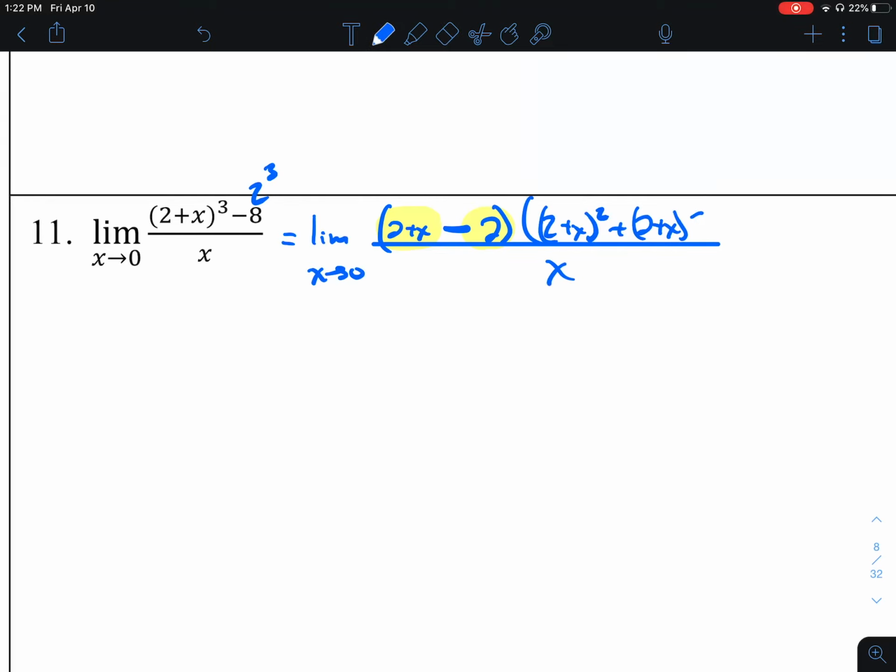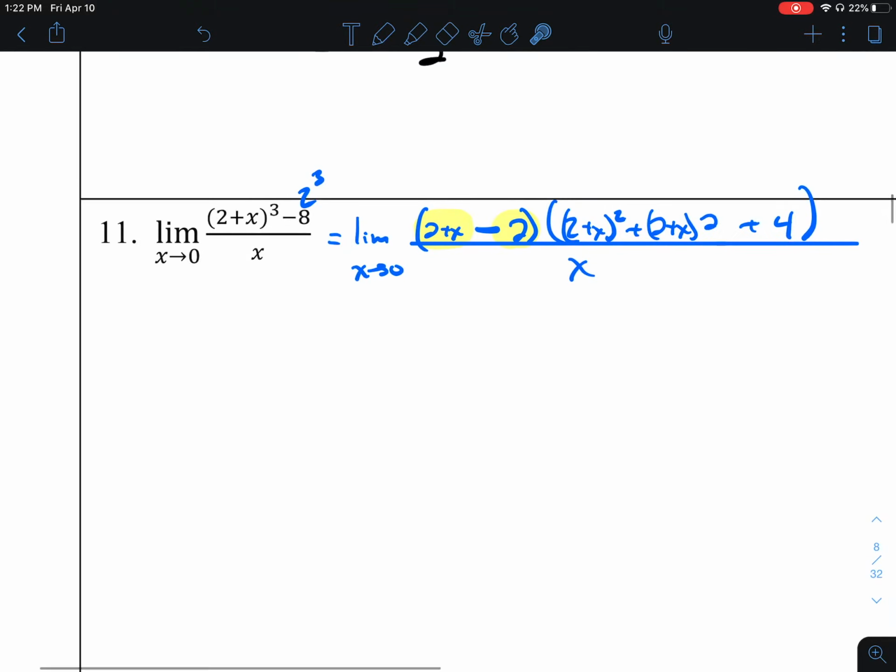Run out of space here. Elongate this. And then we're subtracting a 2 squared here. Actually, it's going to be a plus a 2 squared, which is 4. So let's review what just happened because I didn't make that super clear. To factor the difference of two cubes, you take the cubed root of the first term and put that in the first part of the binomial, the cubed root of the second part and put that in the second position of the binomial.